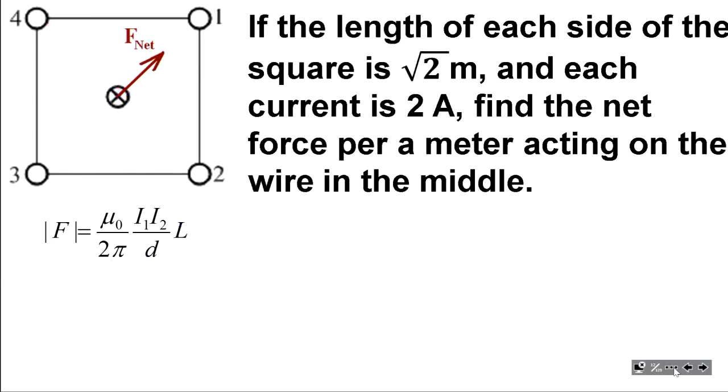And of course, we can calculate the force if we know everything. For example, well, first of all, we are not calculating the force acting on a wire in this example, we are calculating force acting on 1 meter of that wire.